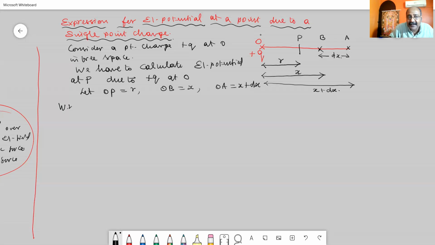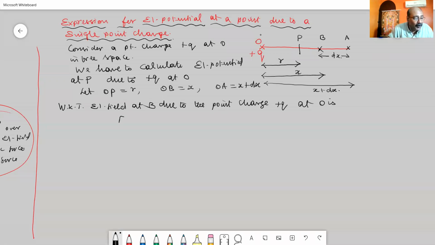We already studied in the previous lesson that the electrical field at a point due to a point charge is given by 1 by 4 pi epsilon 0 into Q by R square.